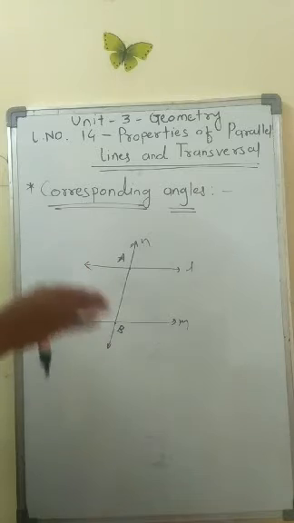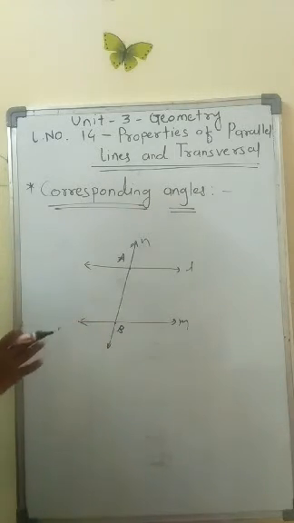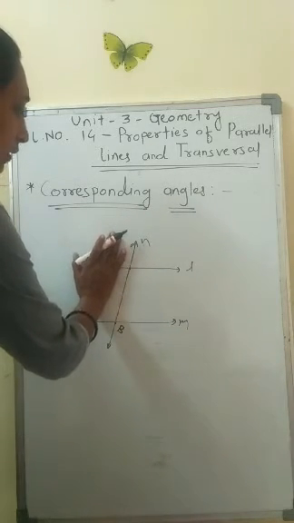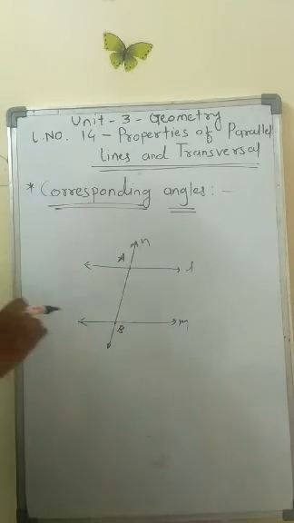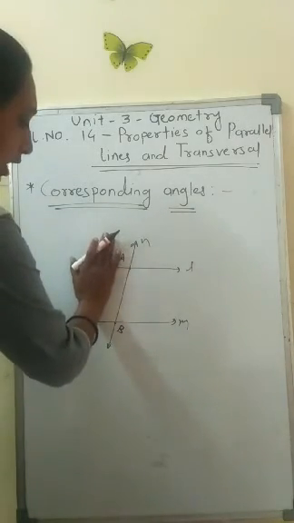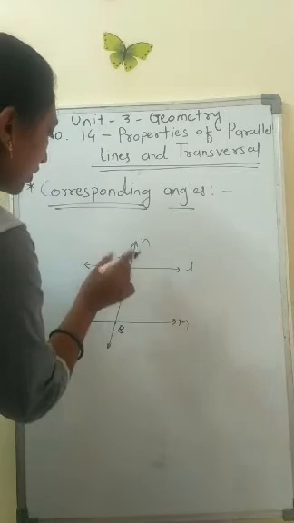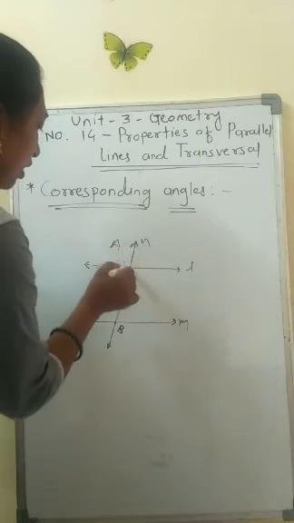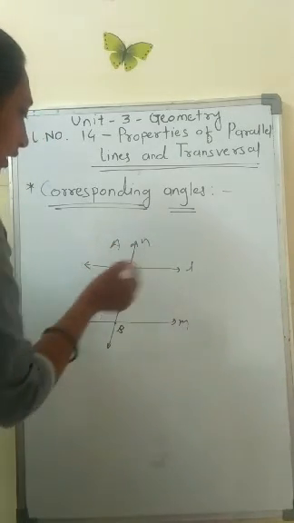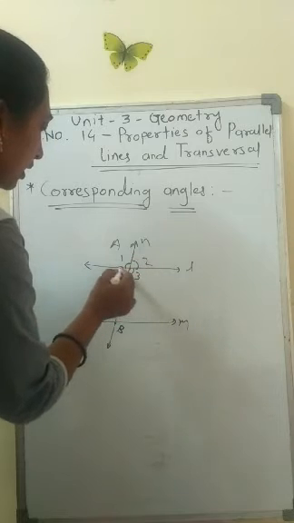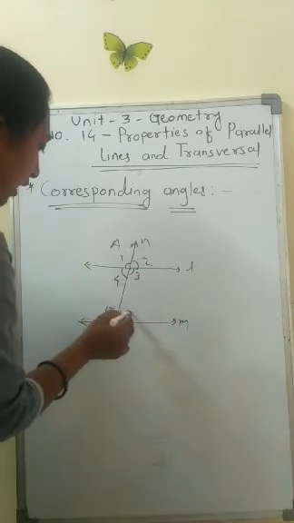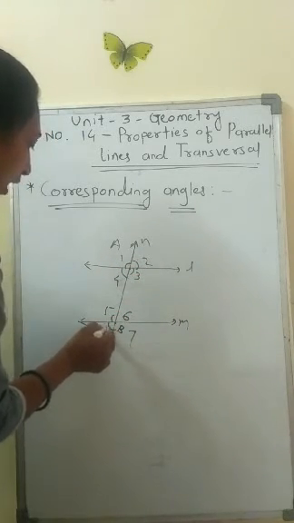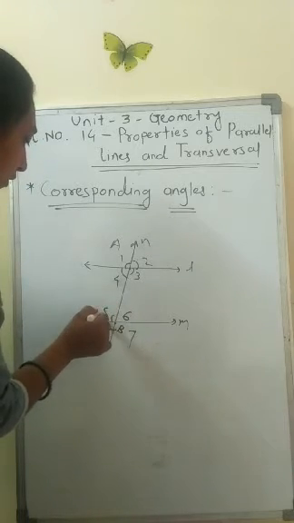You always get a corresponding angle on the same side of the transversal and also on the same side of the parallel line. If we look at the same side, this one will come, and also this one. So first of all we give numbers for denoting the angles: angle 1, angle 2, angle 3, angle 4, 5, 6, 7 and 8. Okay, this is the 5.